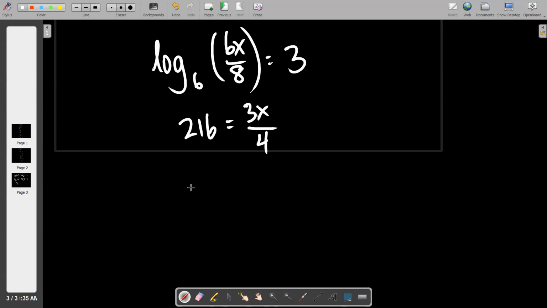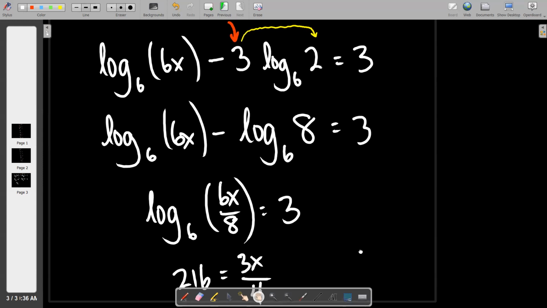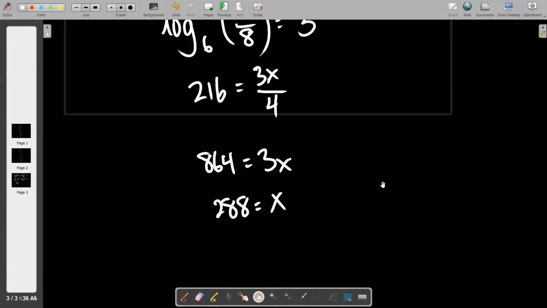Multiply both sides by 4, which gives you 864, I think, equals 3x. And then you divide by, say it again. 5 by 3. Yeah, I heard all that. It's just that last number you faded, 288. Nice. Again, go back and check it and make sure you're not going to break any rules. And you're like, yeah, you're fine. Not going to break any rules.